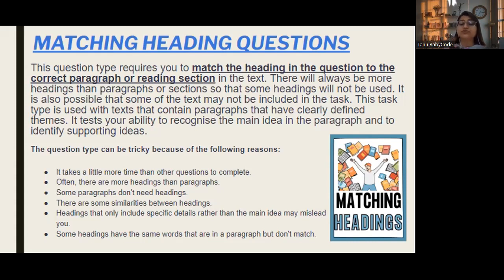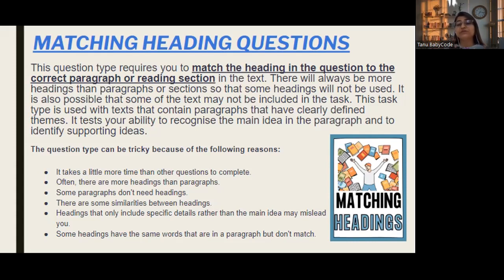You have to match the list of headings to their respective paragraphs. Suppose the paragraphs are labeled with alphabets A, B, C, D: what is the suitable heading for para A? What is the suitable heading for para B? You have to choose from those headings for their respective paragraphs.